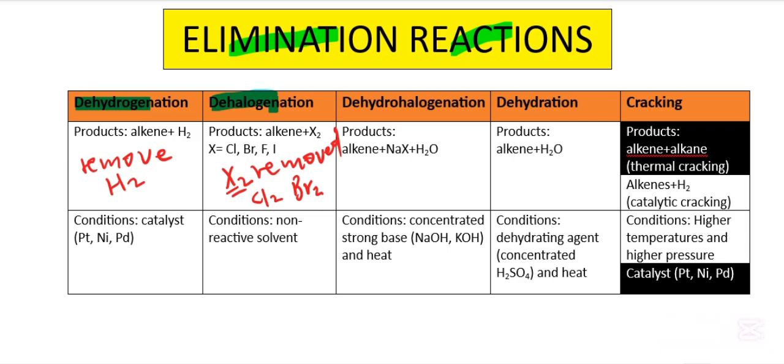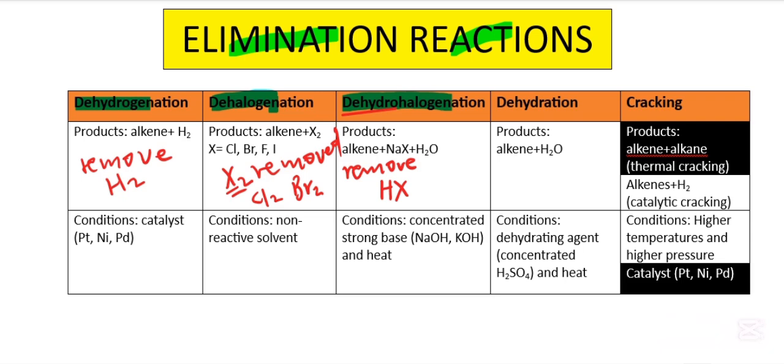Then we also have another type of elimination, which is dehydrohalogenation, which means in this one we remove a hydrogen and a halogen.